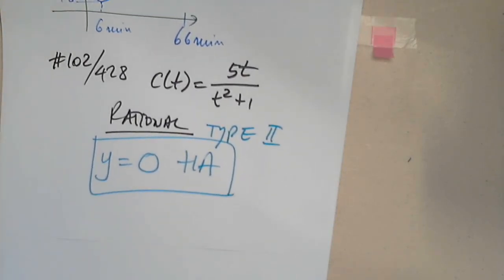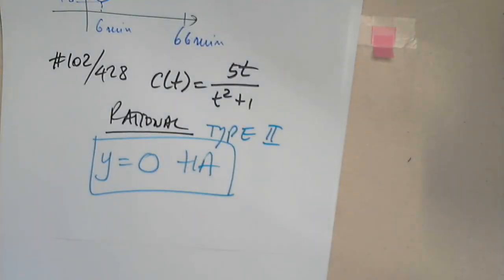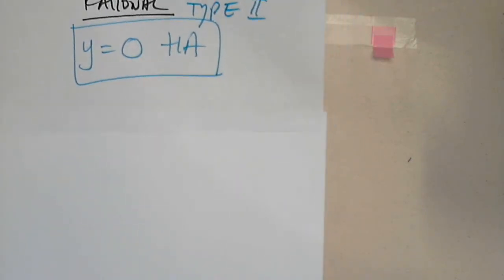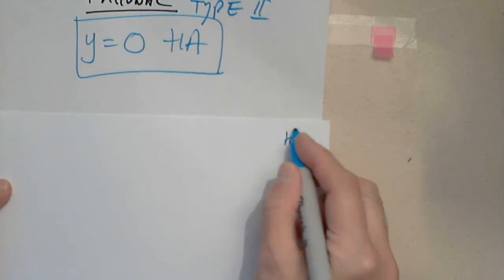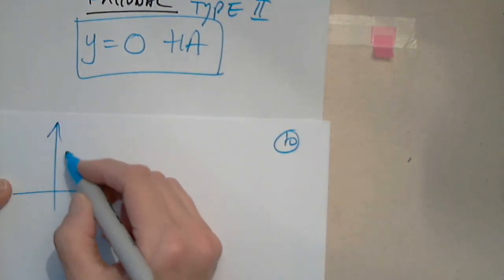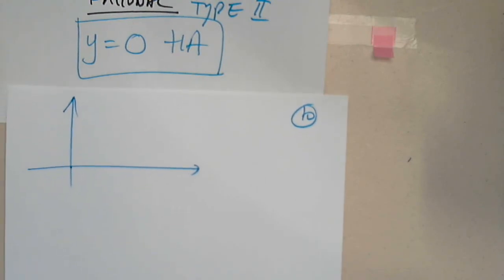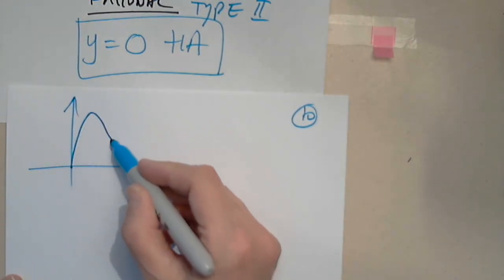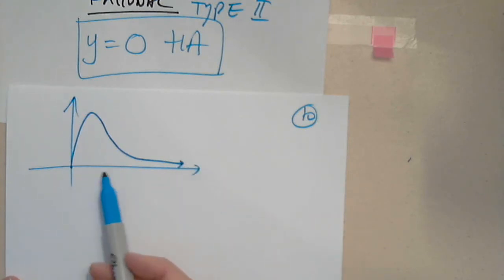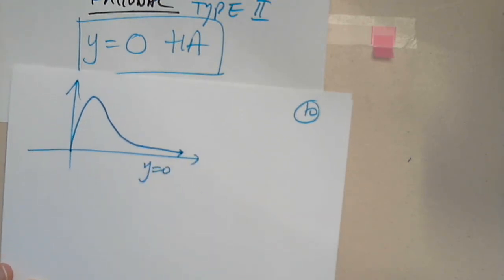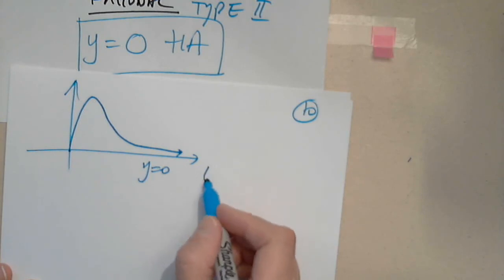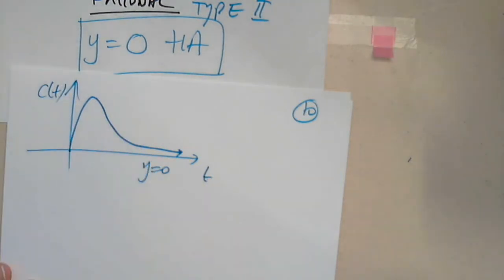So now let's look. They are giving us the graph. So here's the graph of the function. Let me copy it here so we can talk about it, and then we can read from the graph. So this is time t, and this is C of t, the concentration of that pharmaceutical product in the system.